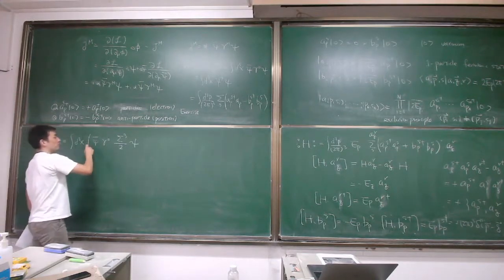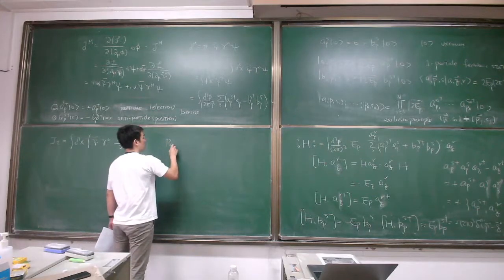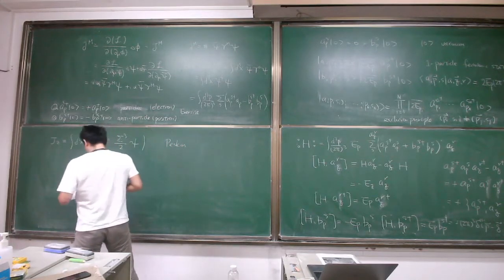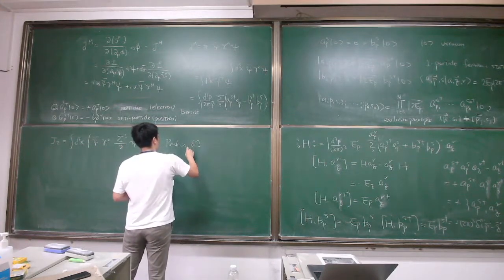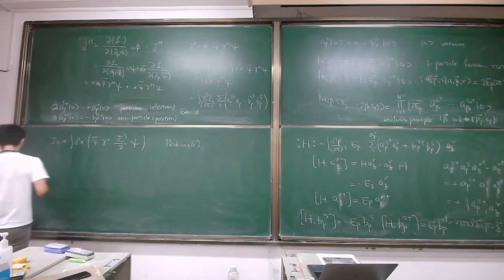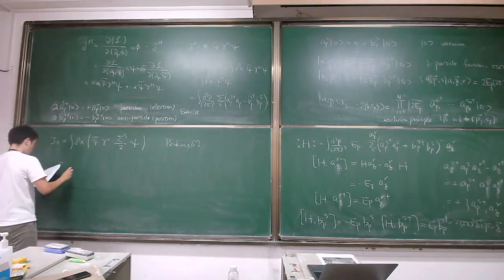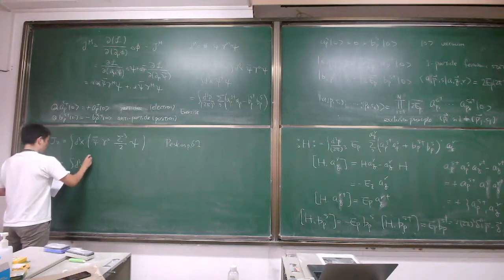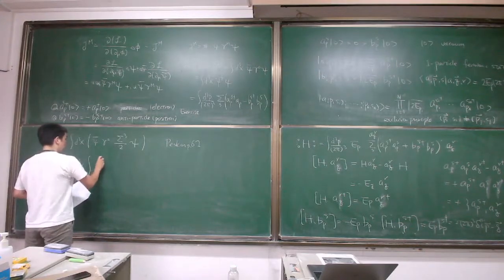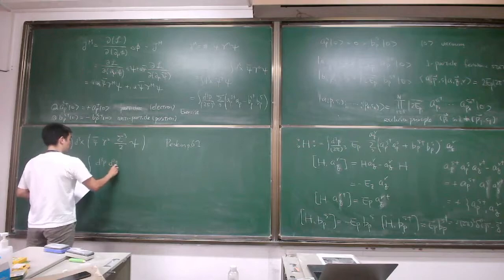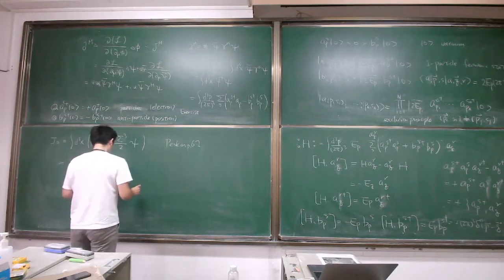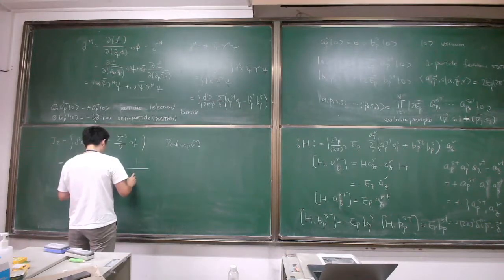The derivation is written in Peskin's book, page 61. Then, if you plug in the Fourier transformation, you get the d^3p, d^3q, over (2 pi)^6, and e to the minus i q x.